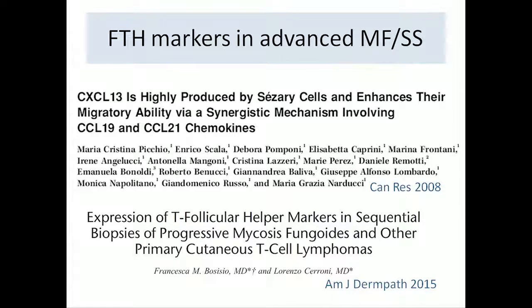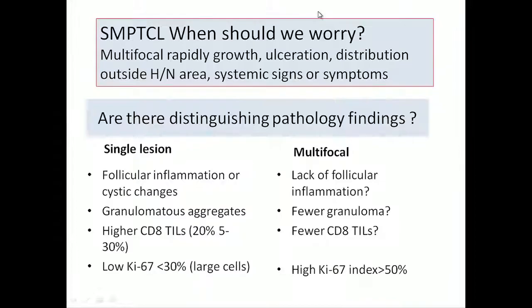So again, recent literature shows that you cannot encase a lymphoma as follicular T helper, Th2, Th9, Th17, because over time those cytokine phenotypes are unstable and they can switch. So keep in mind that advanced mycosis fungoides, advanced Sézary syndrome, often has this more follicular T helper phenotype, and PD-1 and expression of those markers may be noted.